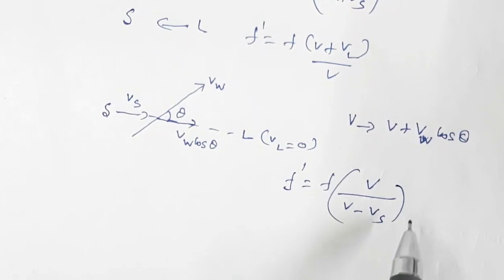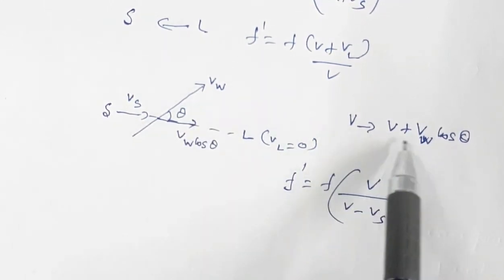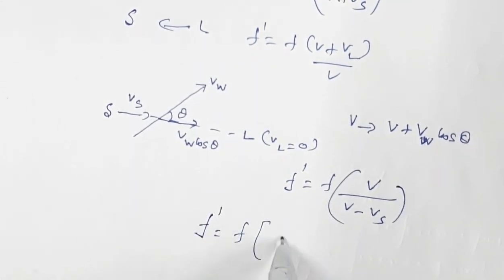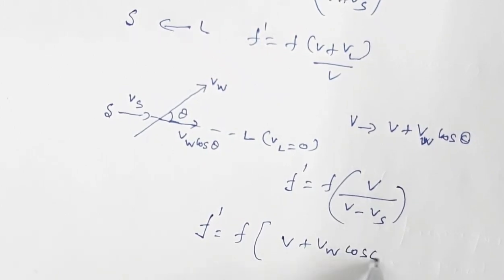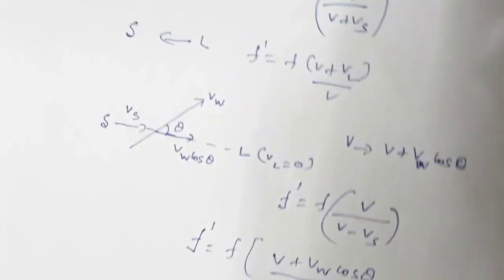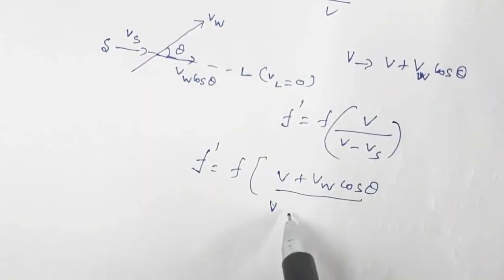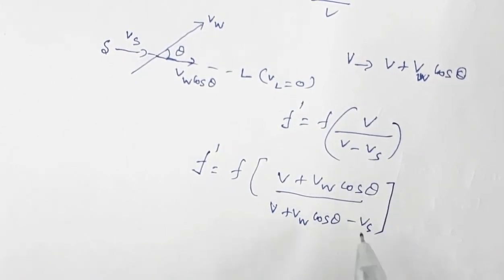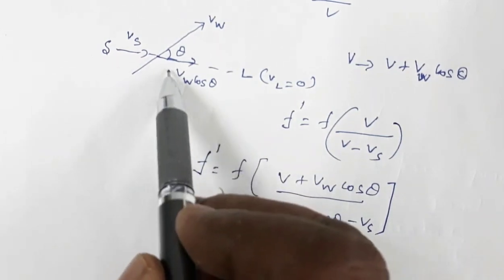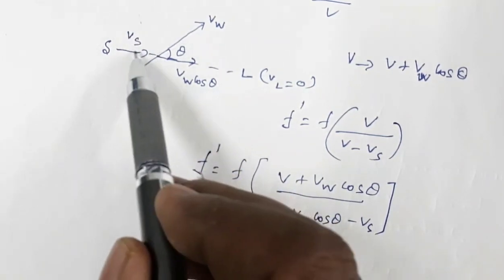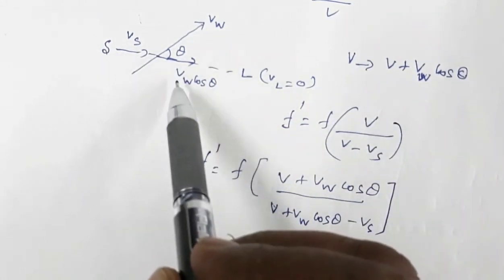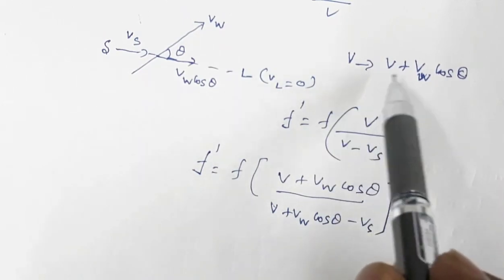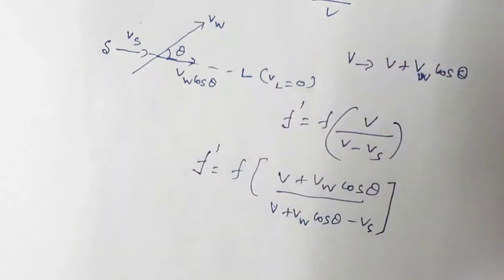Now, if the wind is blowing, v has to be replaced, so we will have f dash equal to f (v plus vw cos theta) divided by (v plus vw cos theta minus vs). In case the wind is blowing in the opposite direction, v will be replaced by v minus vw cos theta. So this is the case when wind is blowing.